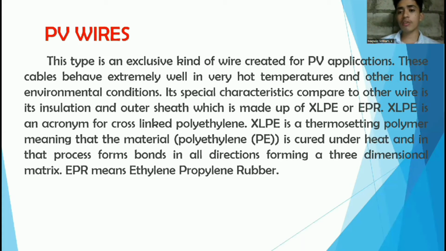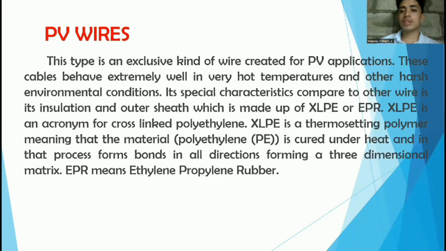Its special characteristic compared to the other wires is its insulation and outer sheath, which is made of XLPE or EPR. XLPE is an acronym for cross-linked polyethylene, a thermosetting polymer, meaning that the material is cured under heat and in that process forms bonds in all directions, forming a three-dimensional matrix. EPR means ethylene propylene rubber.